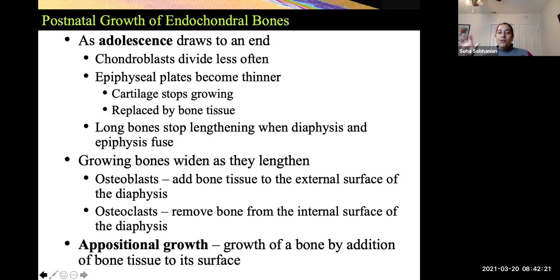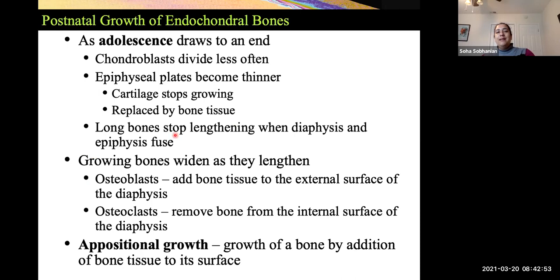And typically for most people, and again there are always exceptions, as the hormonal level increases, the growth starts to decrease. So it's marking literally the beginning of the end for the growth. As I said, the epiphyseal plate becomes thinner, cartilage stops growing, and eventually gets replaced with bone tissue, which is what I was describing earlier.